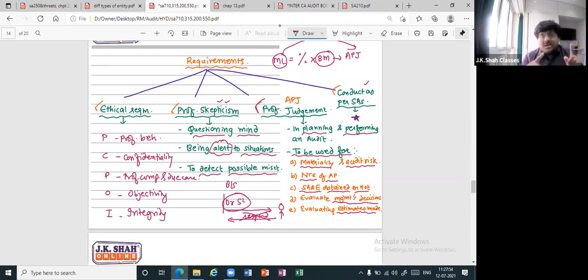If you want to clear Inter CA, then you will have to first clear every subject, no? Only when in every subject you get minimum 40 and aggregate 50, only then you can have overall Inter CA clearance, no? Same only. If the auditor wants to obtain the overall objective, then when is that possible? Only if he obtains individual objectives of individual standards.